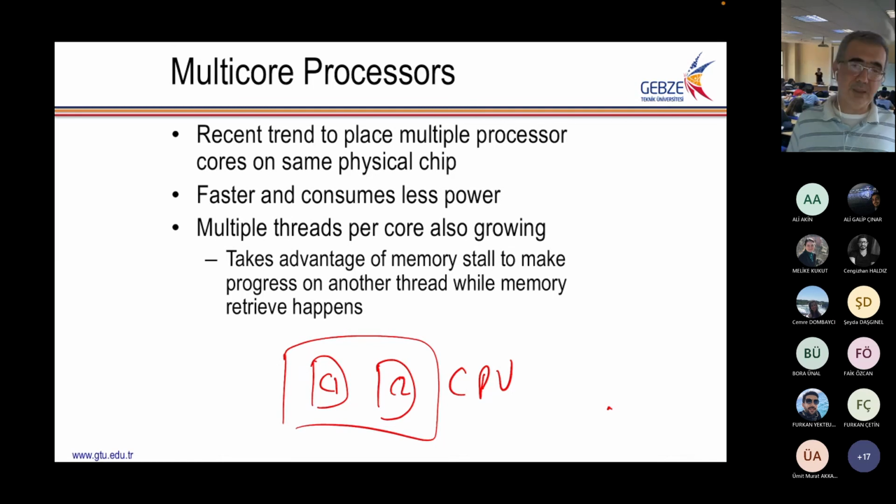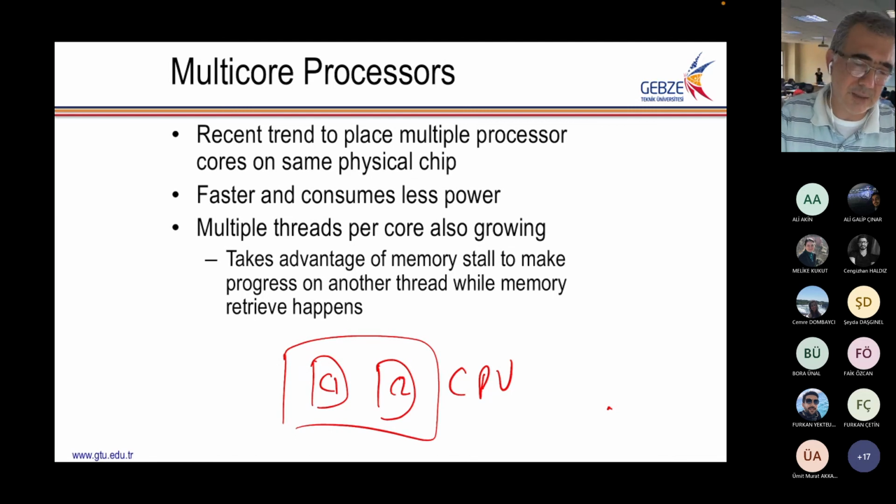Also, since they are on the same chip, the clock speed of communication between cores is improved. They can share certain buses inside the chip for fast data transfer between cores.